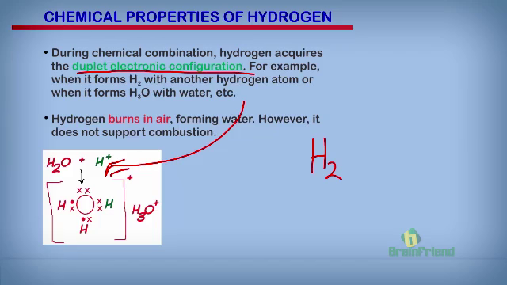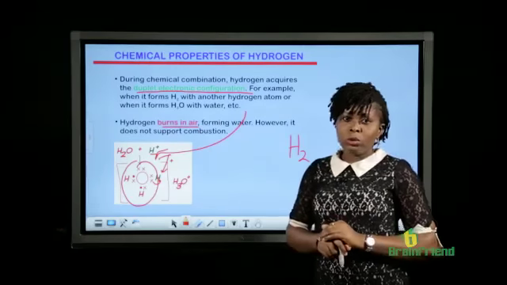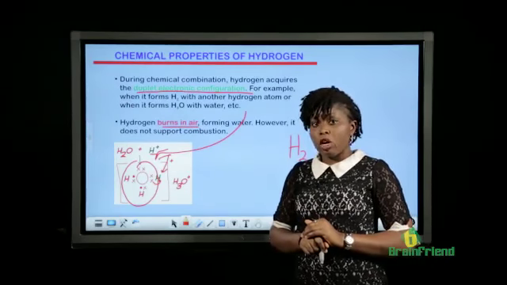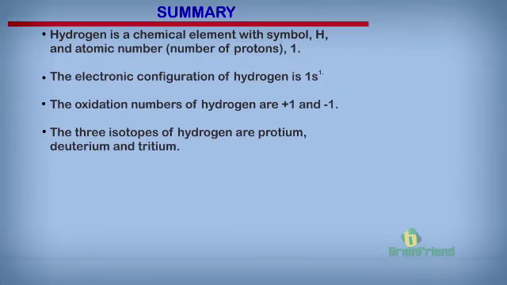Just as we saw earlier, the hydrogen ion can actually become a duplet structure when it combines with this water molecule, giving it 2 electrons. So it becomes stable. Another chemical property of hydrogen is that it burns in air, forming water, although hydrogen does not support combustion. With this, we have wrapped up our lesson.